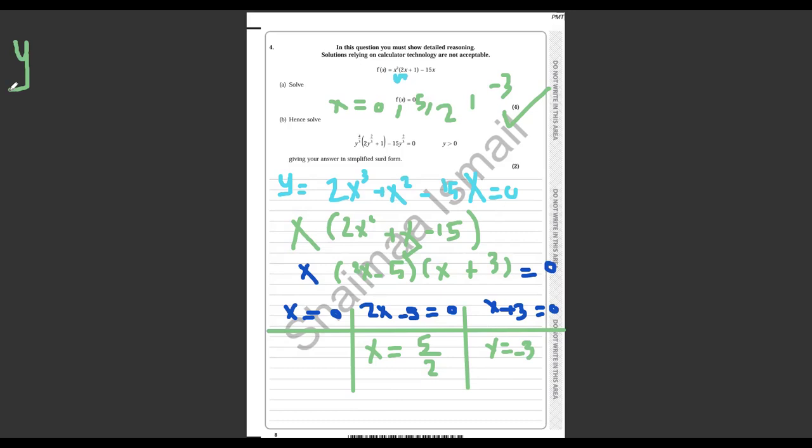So we're going to say y to the power of 4 over 3, then we're going to multiply it by 2y to the power of 2/3, then plus 1.